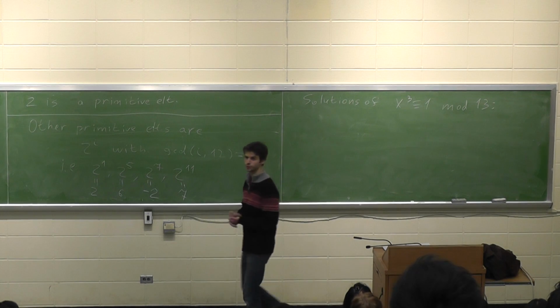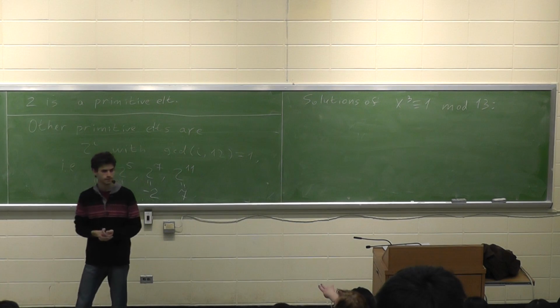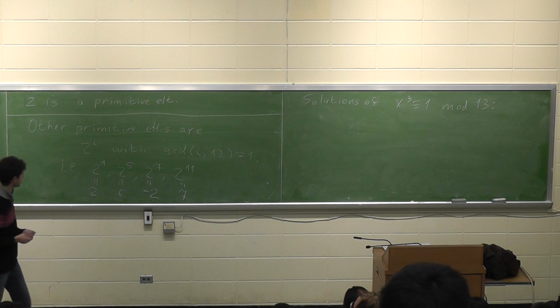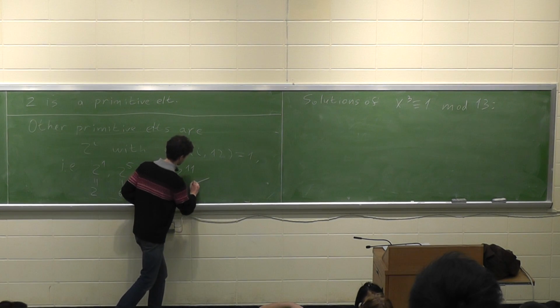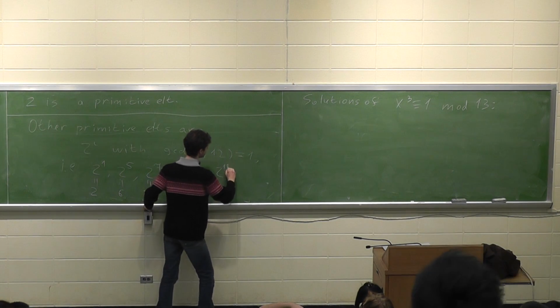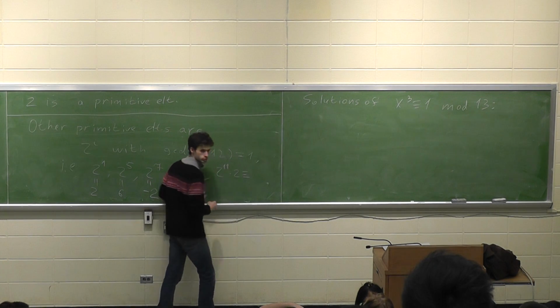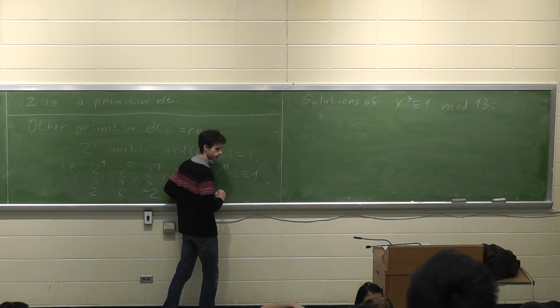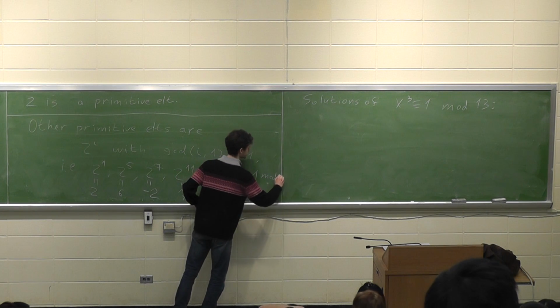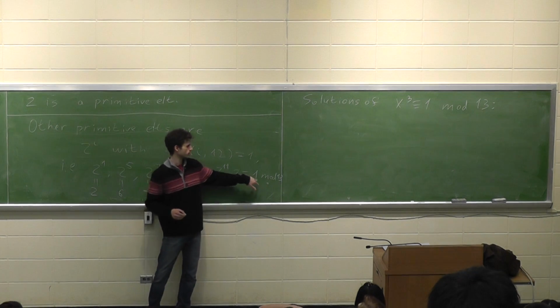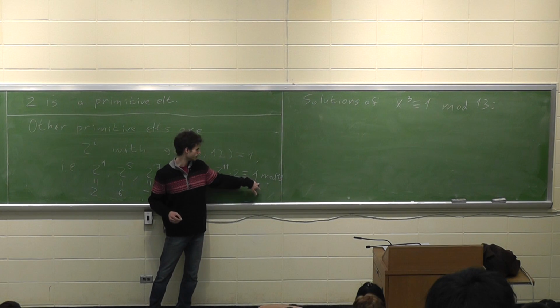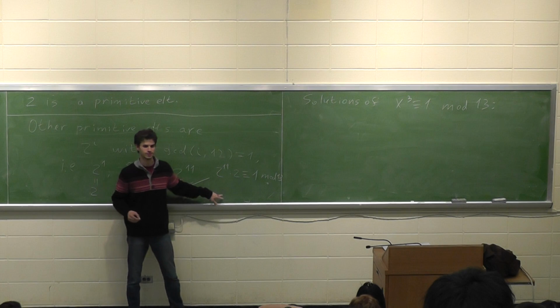How can we solve such an equation? 2 to the power 11 times 2 is already 2 to the power 12, which is 1, right? So I should find some number such that after I multiply it by 2, I get 1 modulo 13. Well, I take 14 divided by 2, I get 7.